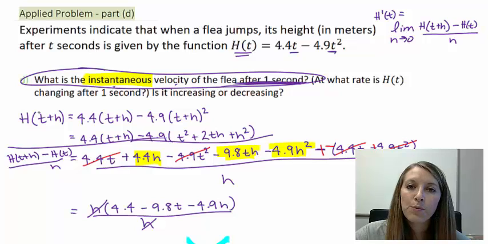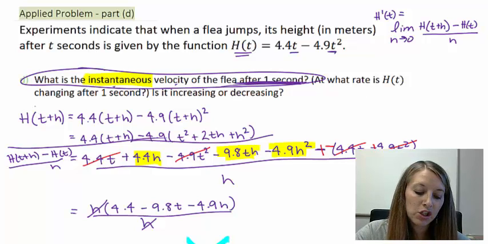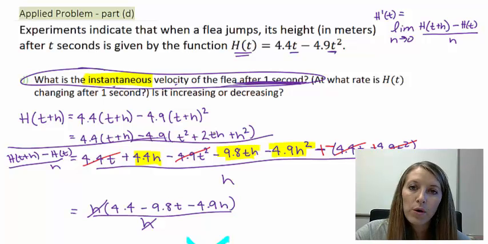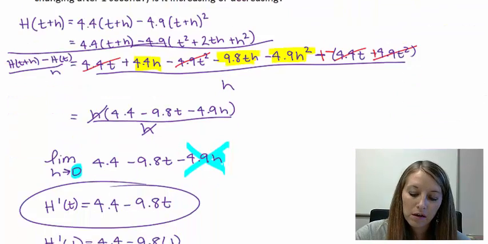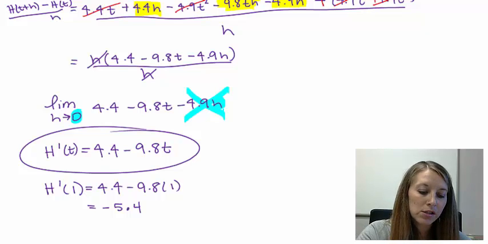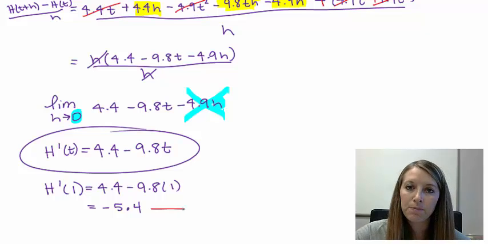Or a different way this problem could be worded is: at what rate is h of t changing after 1 second? So rate is the same thing as instantaneous velocity. Okay, we have an answer here, negative 5.4, but this is a word problem, so we need a word answer. Now, we just computed velocity or rate, which means our answer should be something per something.